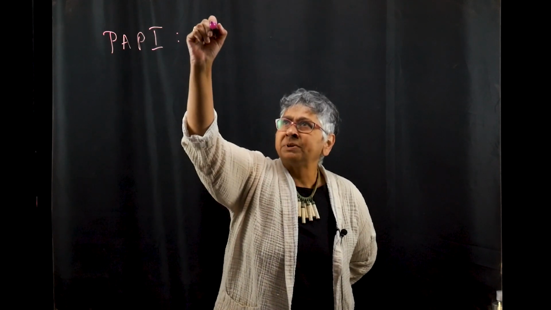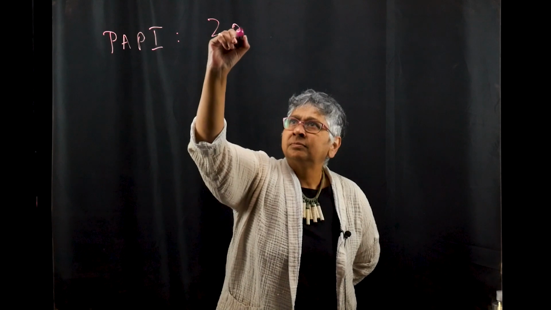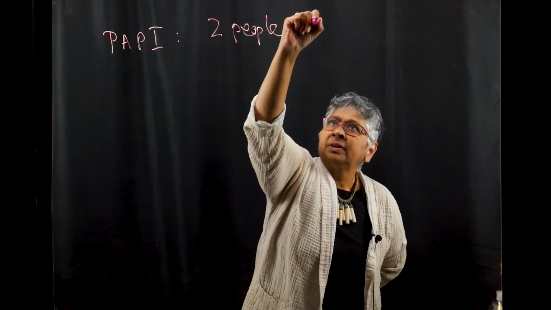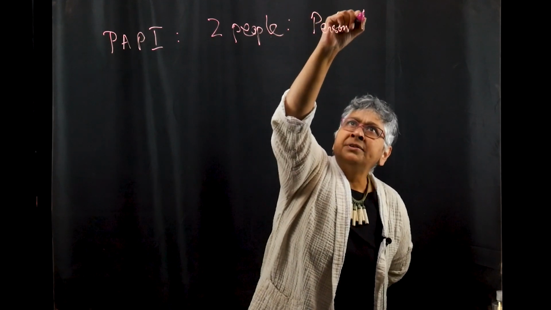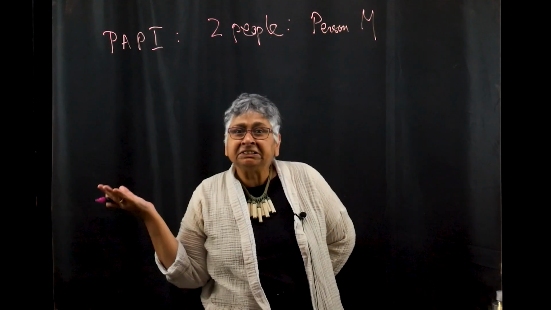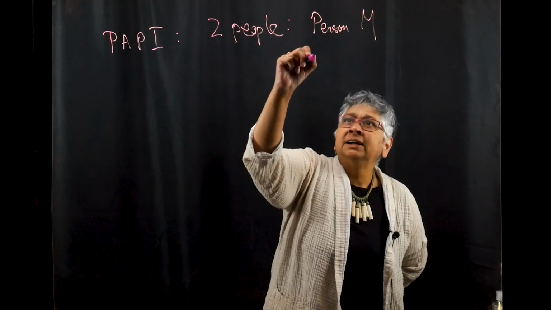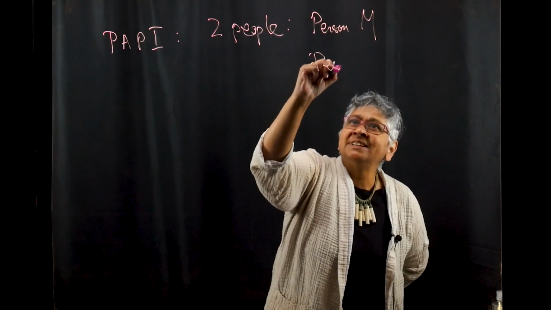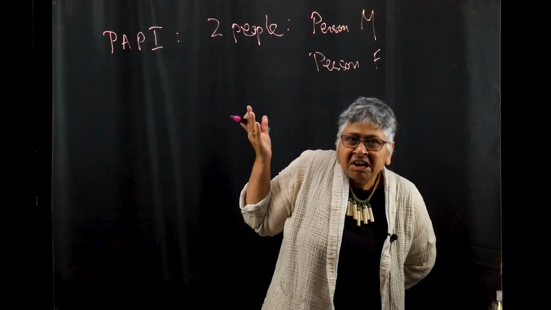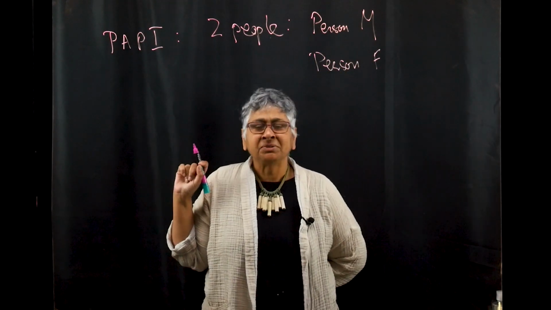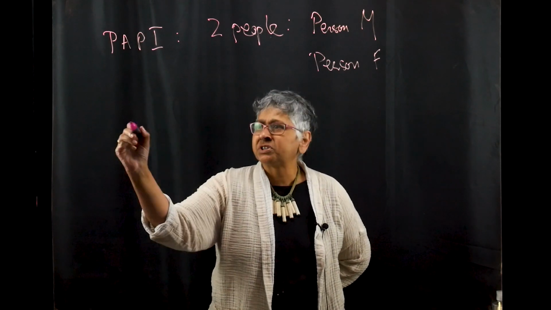So the way we'll set it up is that there are two participants. Person 1, who I'm going to call M for male just accidentally, and person 2, who I'm going to call F for female, which just as it happens. They have two possible actions.